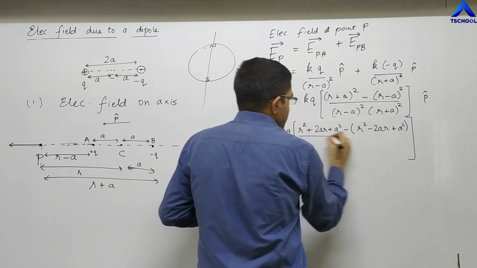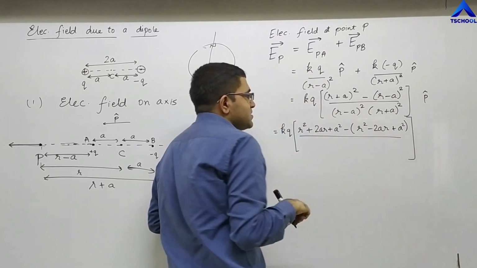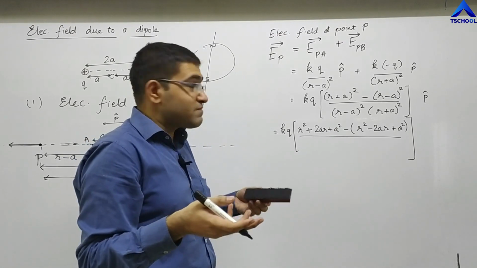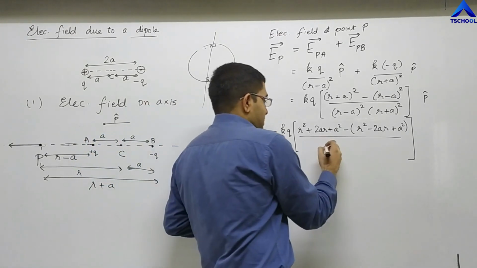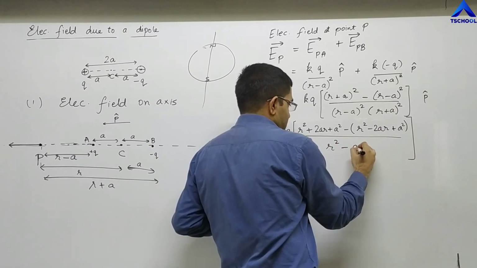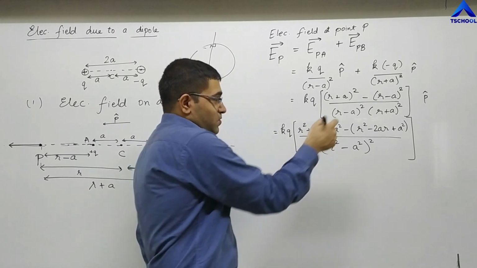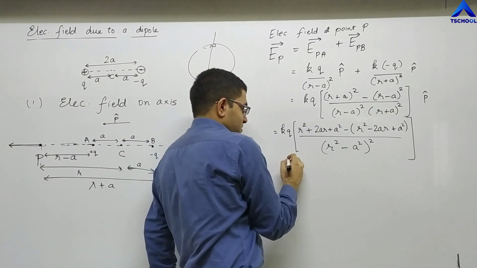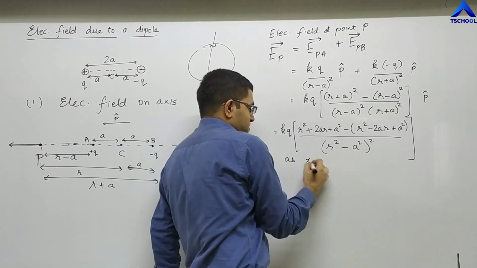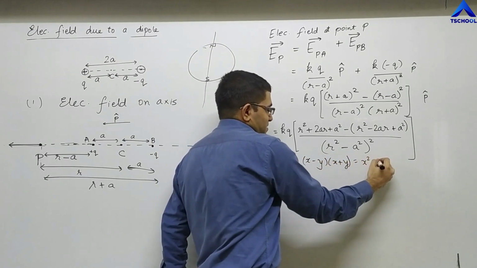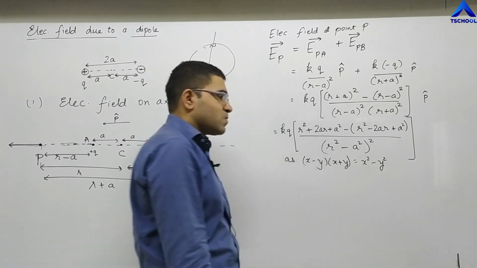And then divided by, over here, I will actually choose to leave it just like that if I want, or I may as well write it like this. The idea over here is that if you have x minus y into x plus y, it will turn out to be x square minus y square.